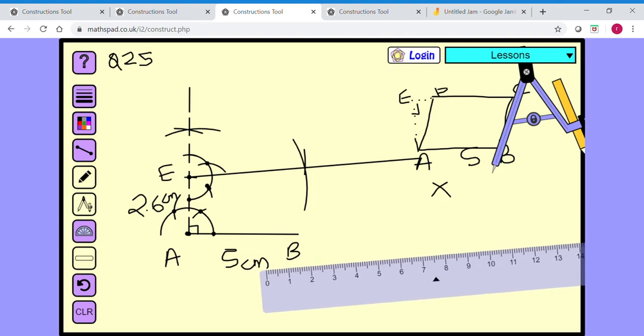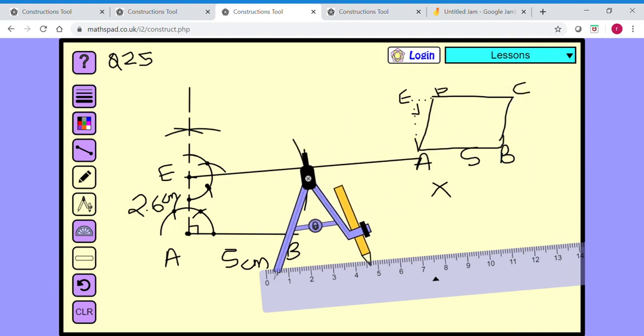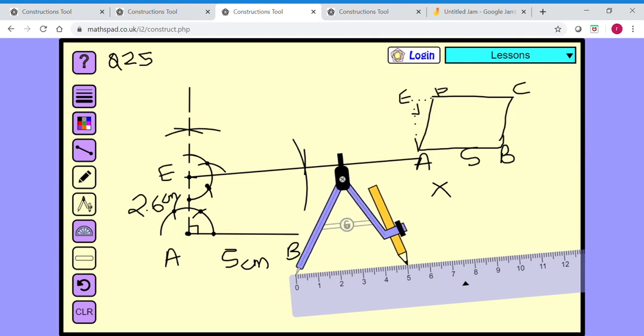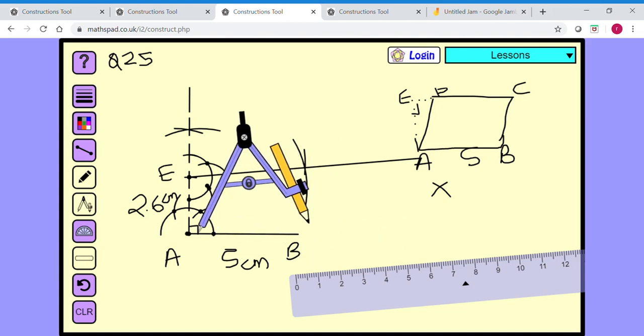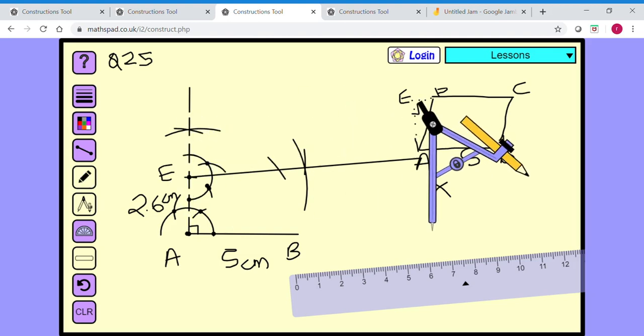Well, the distance between A and D is 5. So let me just measure 5 from A. It will help me find point D. I measure 5, keep it at A and cut an arc at 5. So this gives me point D.